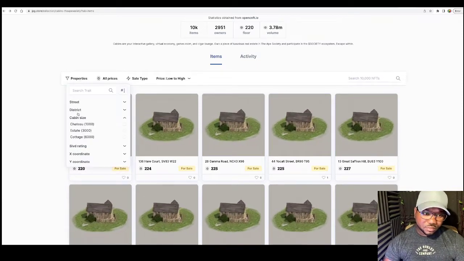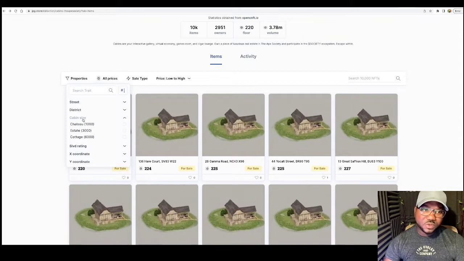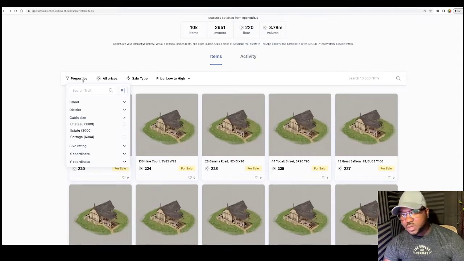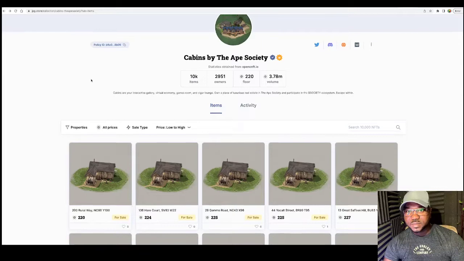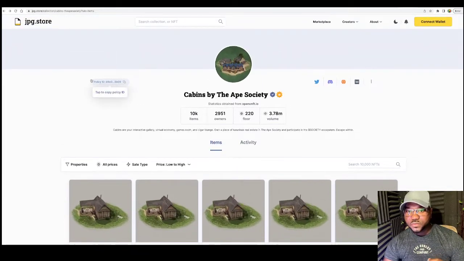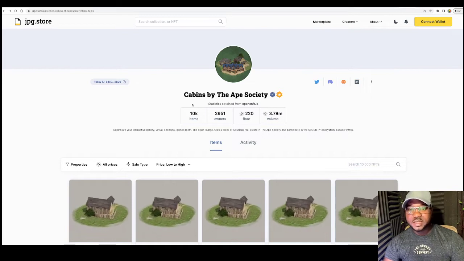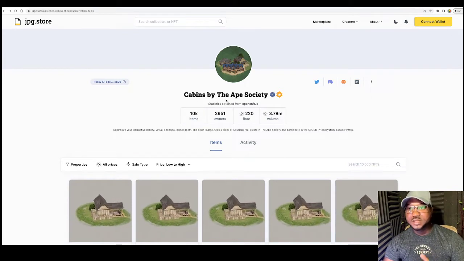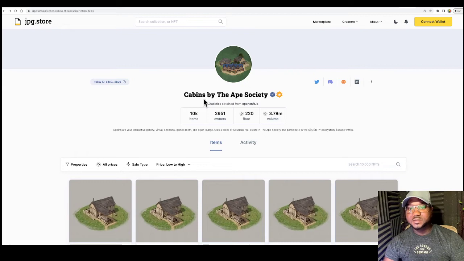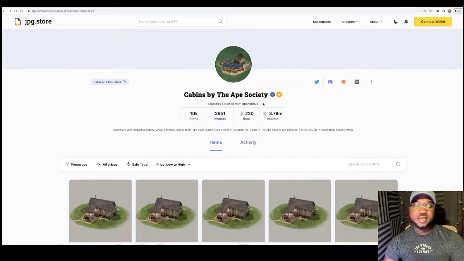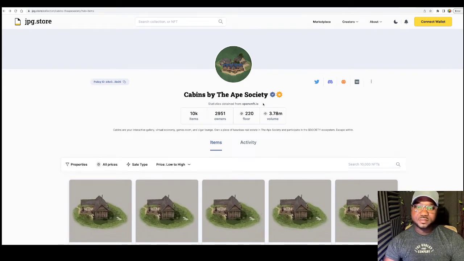Now, if you're searching for the real estate for the Ape Society, when you get to the JPEG store, you're going to have to type in cabins by the Ape Society, right?